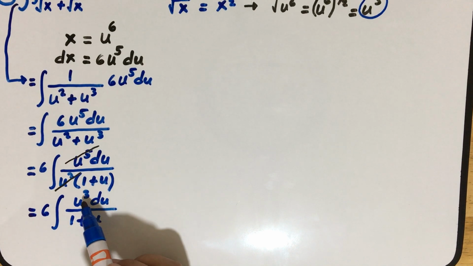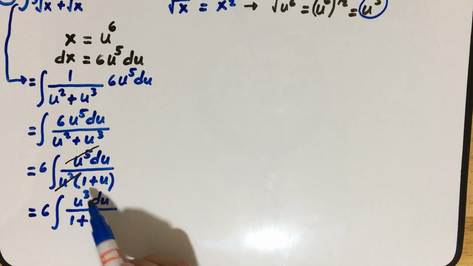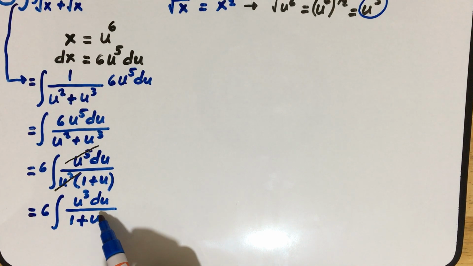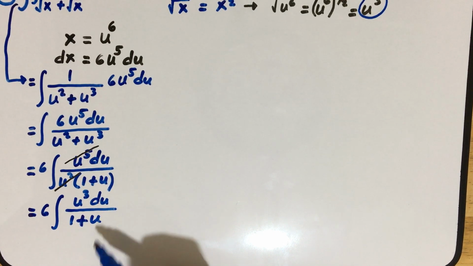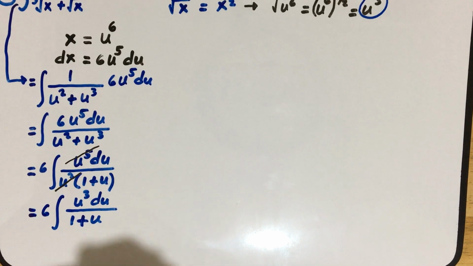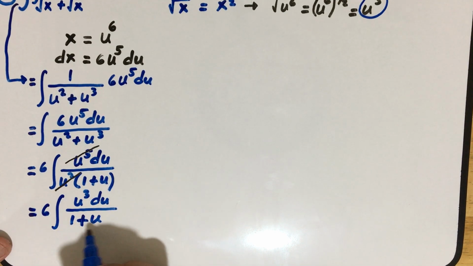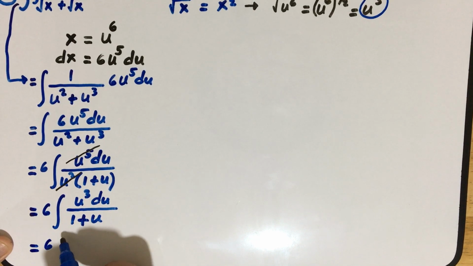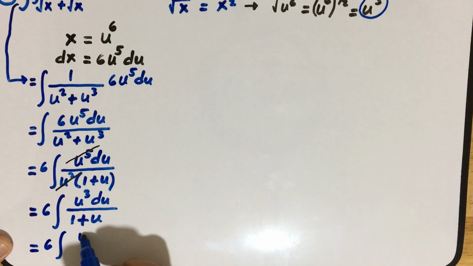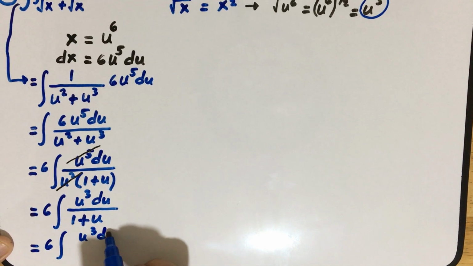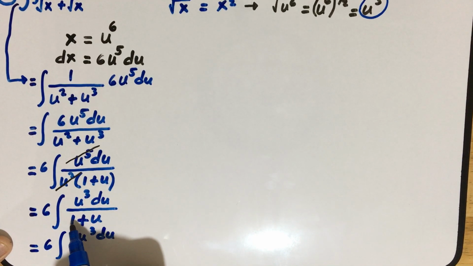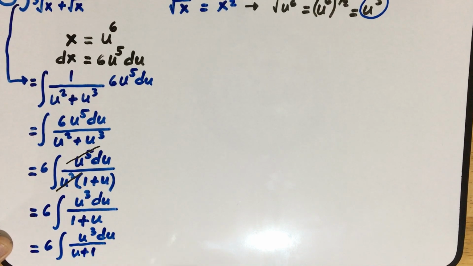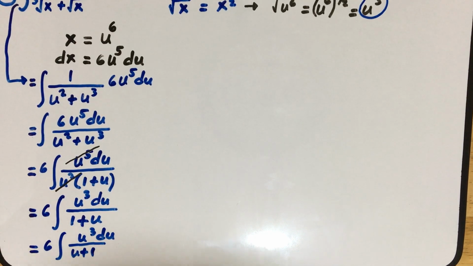The degree here is equal to 3, and the degree here is understood to be u to the power 1, so the degree is 1. By the way, we can rewrite this as 6 times the integral of u cubed du divided by u plus 1. We can interchange the position of 1 and u, so they are just the same.